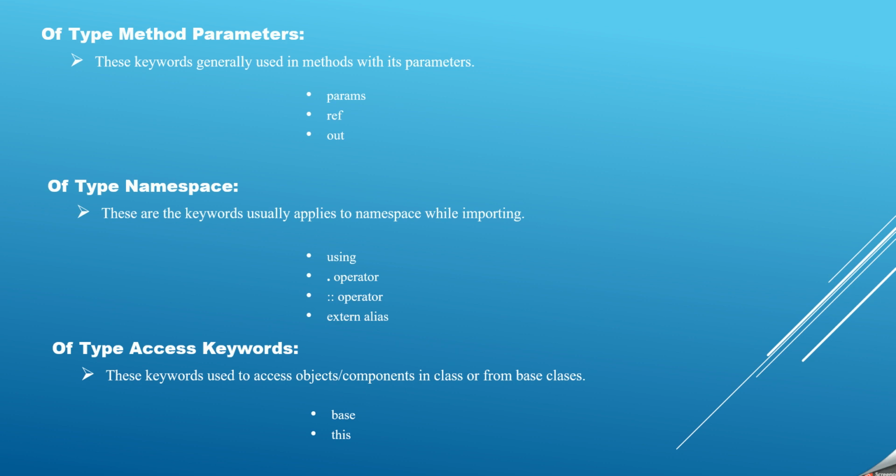When using the base keyword, we can access the members of your parent class. As it provides access between the local and the parent or global level, we have categorized this keyword within the access level, right?